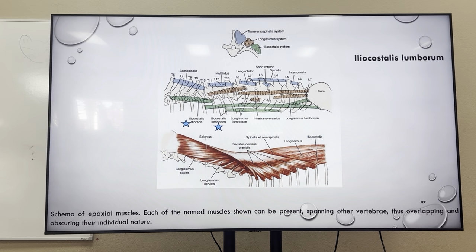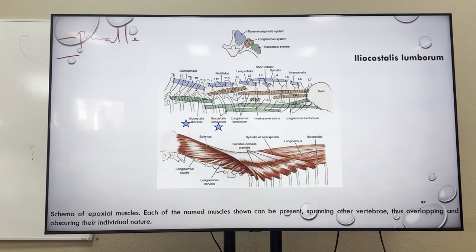So this iliocostalis and the other epaxial group of muscles are arranged longitudinally, and also they are paired. So what we have here, we also have on this side as well. We have mentioned that they are arranged in parallel.